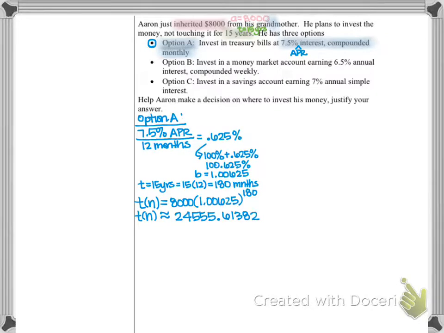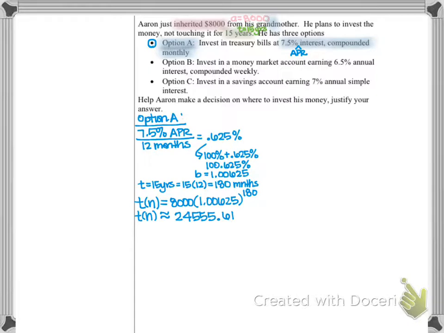Double check and make sure I typed that in correctly. Yeah, I did. Okay, so let's get rid of the extra decimals at the end, because this is money. So there we go. That's going to be his option A. All right, option B. Let's go back up. Let's color code this guy a different color. So let's go yellow.